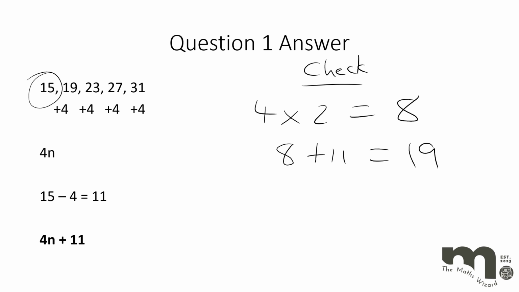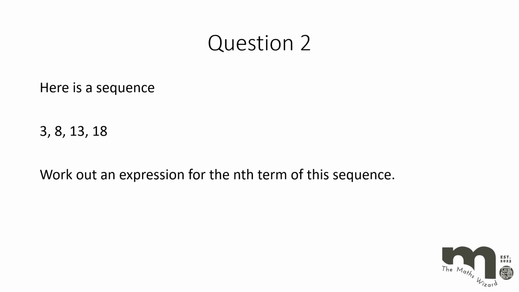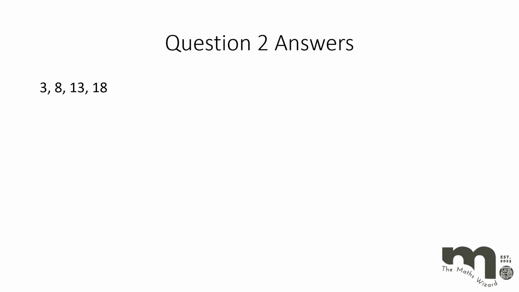Okay, let's do another example then. We've got this sequence here. Again, have a go at the nth term for this one. Okay, on this one, we have a common difference of 5, so our expression is going to start with 5n.